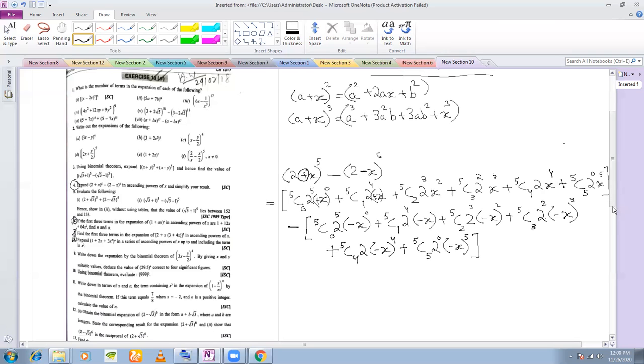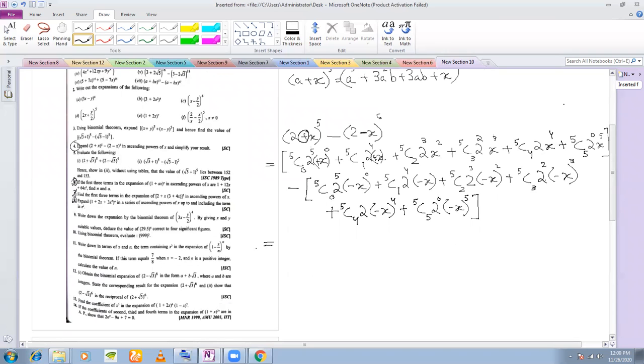Okay, now we will simplify. Don't find the value of the combinations. We leave the combinations as they are. We'll see later what happens. 5c0 into 2 to the power of 5 for the first one, plus 5c1 2 to the power of 4x plus 5c2 x square.